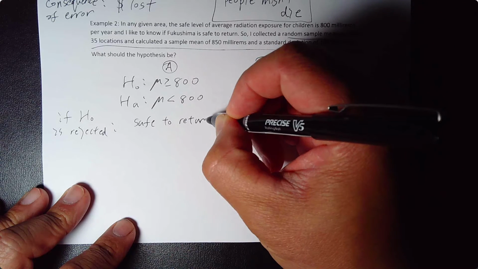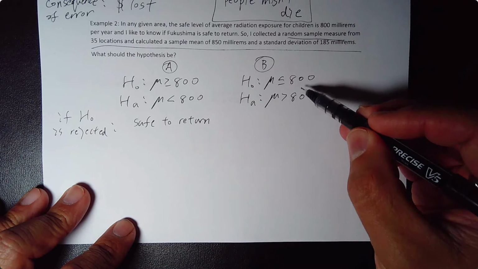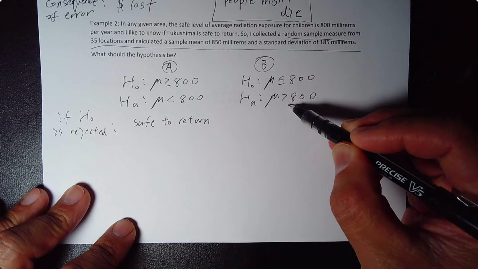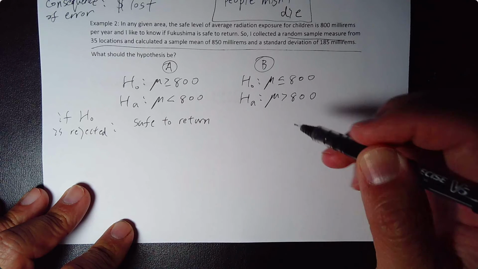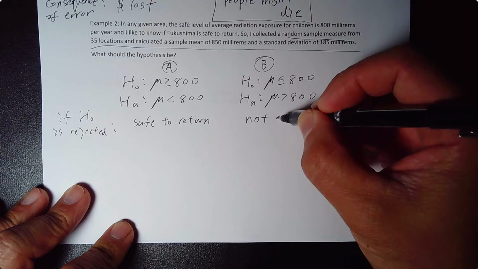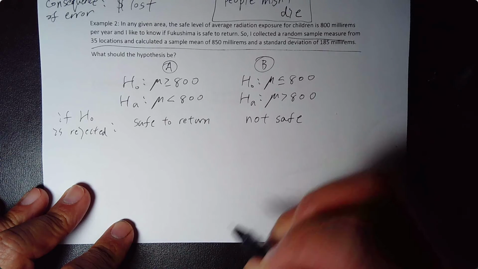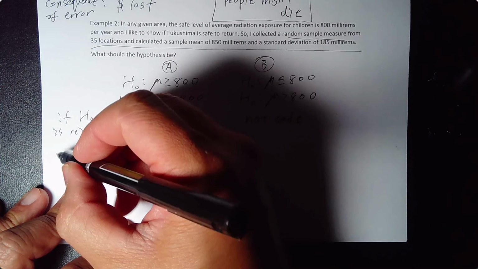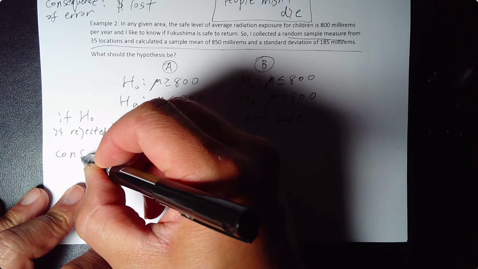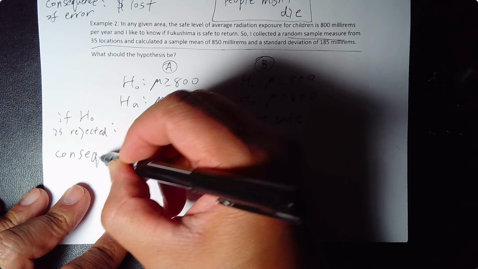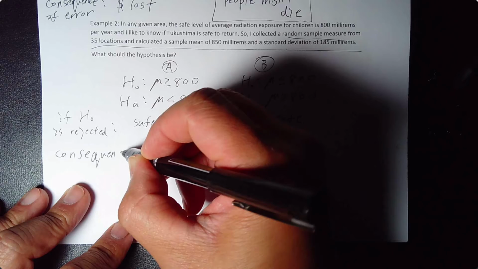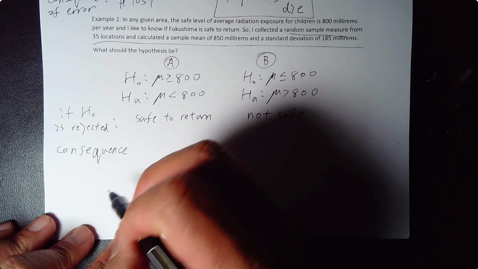Now, if this null is rejected, then we support the alternative, and this tells us the radiation is too high, so it's not safe. So we stay out of Fukushima. Okay, but then what happens? Think about what happens if we made a mistake in rejecting the null hypothesis.